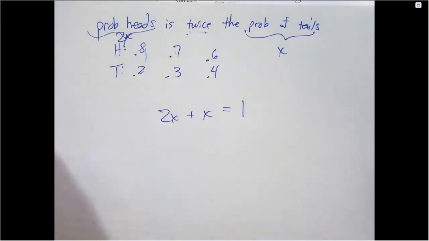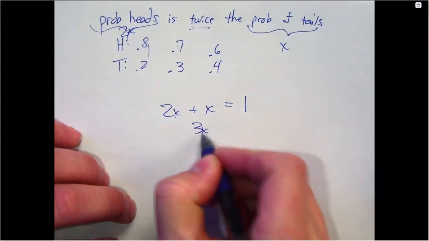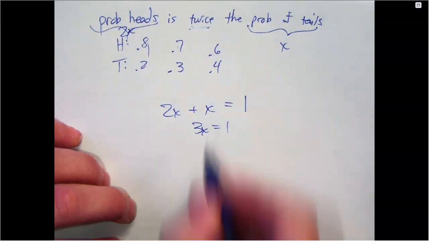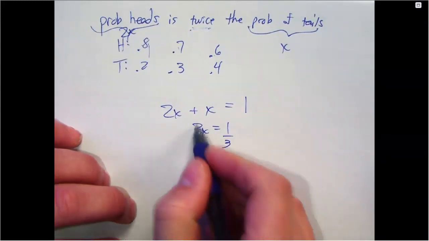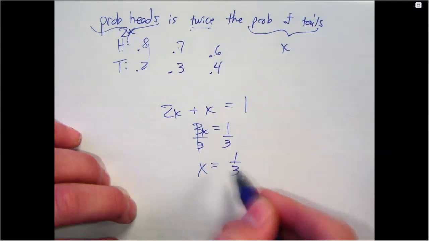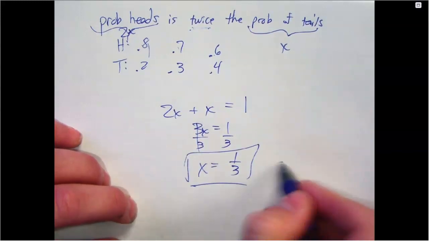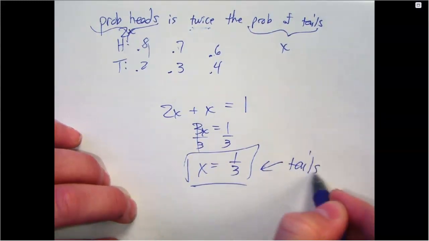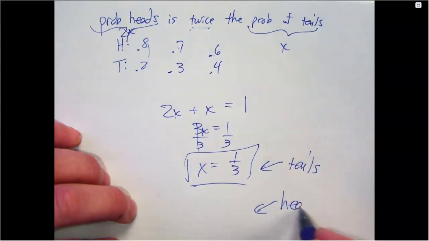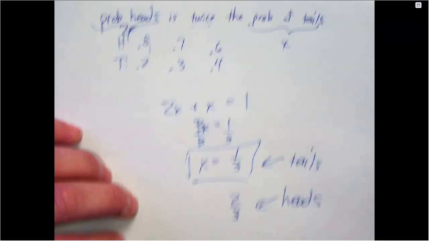That's like 100% of the data, right? It has to be one or the other. So then I just got an algebra equation to solve. 3x equals 1. Divided by 3. It's like the most algebra we've done earlier. So I get x equals 1/3, so that's tails. And heads is going to be double that. So heads is 2/3.